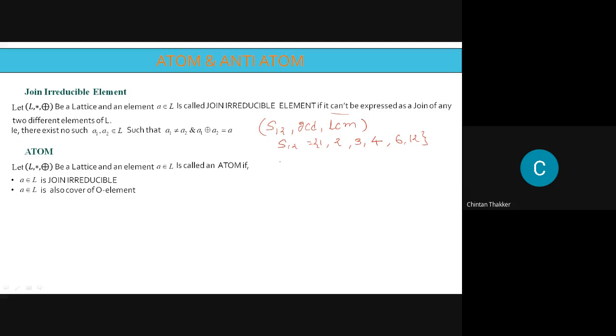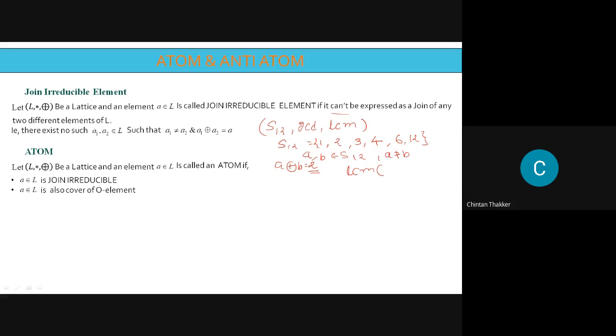Here, say 2 is not the LCM of any two different elements. There are no A and B belonging to S12, where A is not equal to B and both are not equal to 2, such that A ring sum B is 2. The LCM of 1 and 2 is 2, but we are not taking 2 here; we require different elements other than 2.